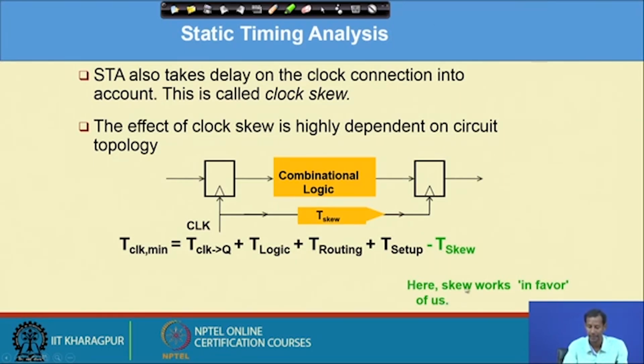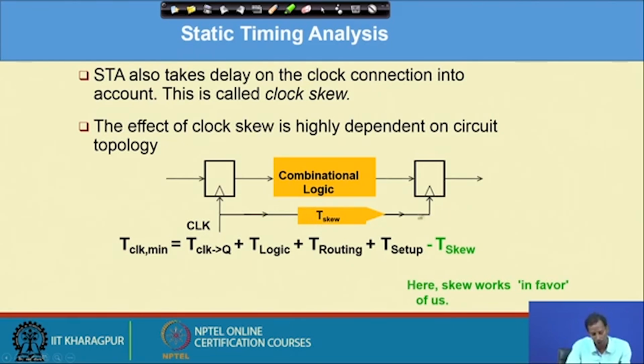Because here the skew works in favor of the circuit. The clock is traversing from this side to this side, and the data is also flowing in this direction along with the clock, so it is in our favor.